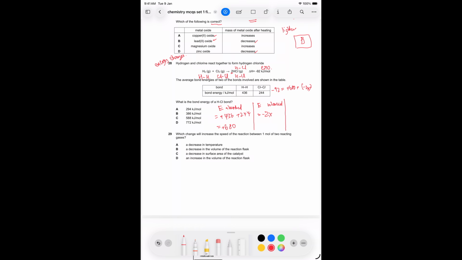This is minus because it's release. If you rearrange, 2x equals 680 plus 92. So x will be 386. If you press your calculator carefully, you should get 386. So answer will be B.